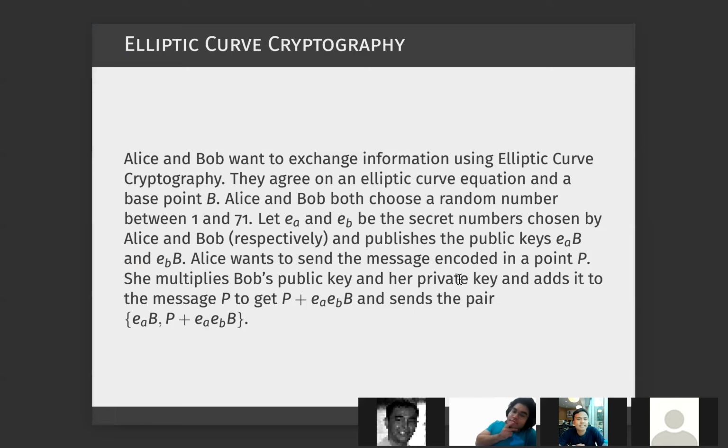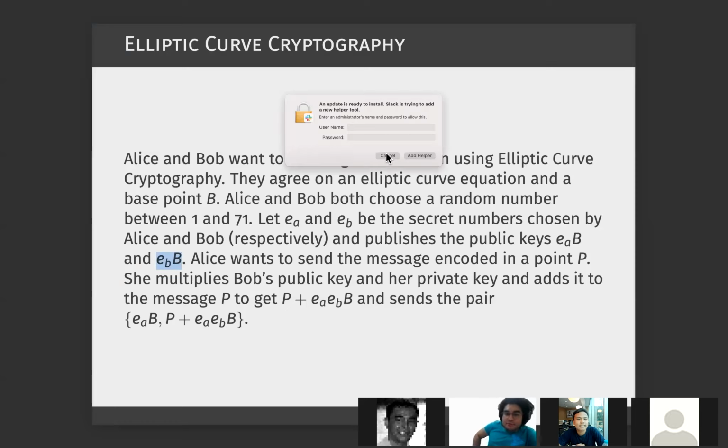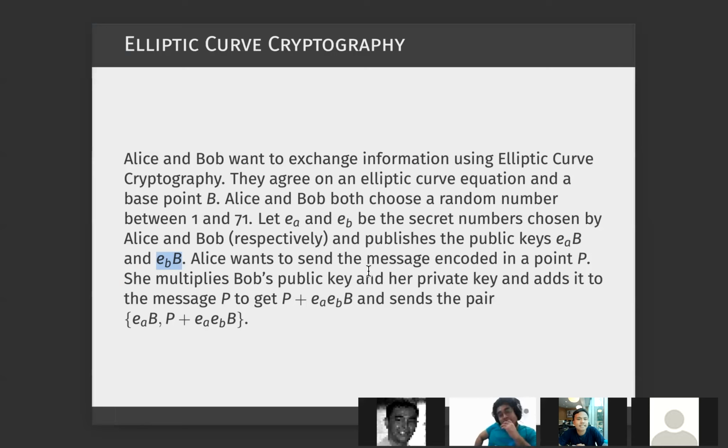Alice gets the public key of Bob, which is this one here. This is a point in the elliptic curve. Then she multiplies it with her private key. So this is the result: Bob's public key multiplied by Alice's private key, this expression.